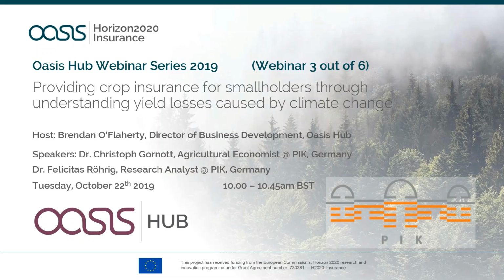This is also a very important question, and I think this links to the point I made in one of my first slides, that of course there's this big problem of moral hazard, so that farmers behave in another way when they are insured. Here it is very crucial to design the index so that it doesn't reduce the effects of adaptation, or doesn't force the wrong behavior of the farmer.